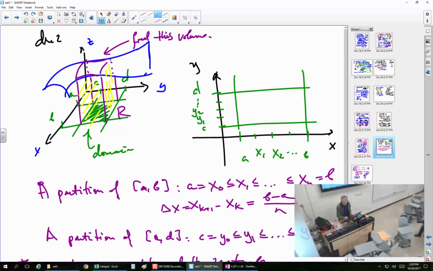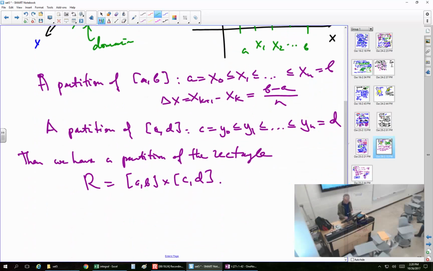It has been partitioned into rectangles proportionally, like this. So how many rectangles? N squared. Well, n each, so n squared.